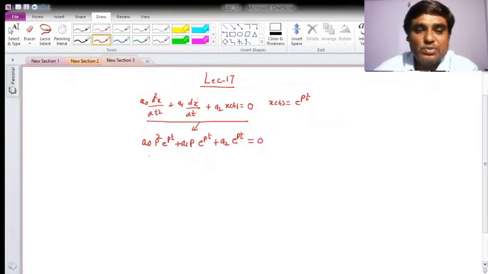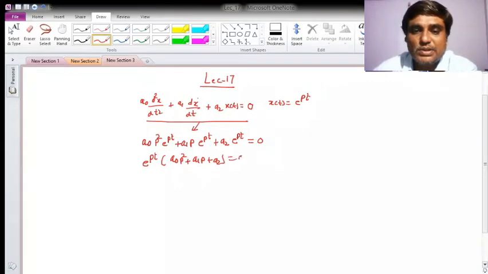Then I take e raised to pt common outside, so it will be a0 p square plus a1 p plus a2 equal to 0, and either e raised to pt is 0 or this term is 0, if e raised to pt is the solution of this equation.